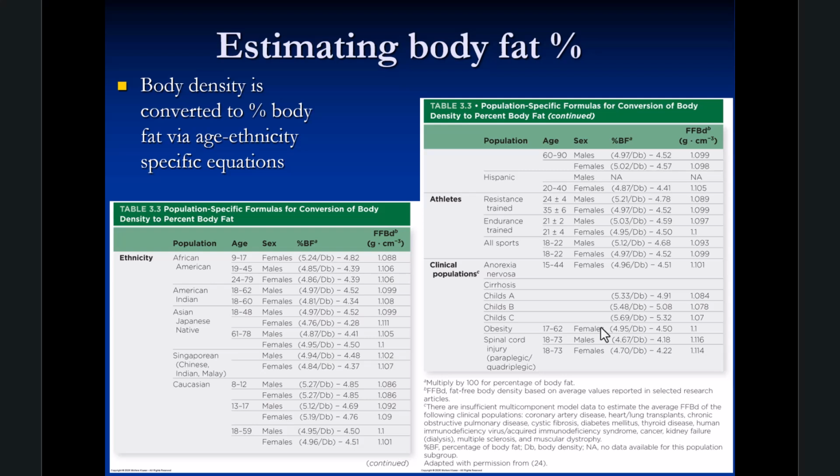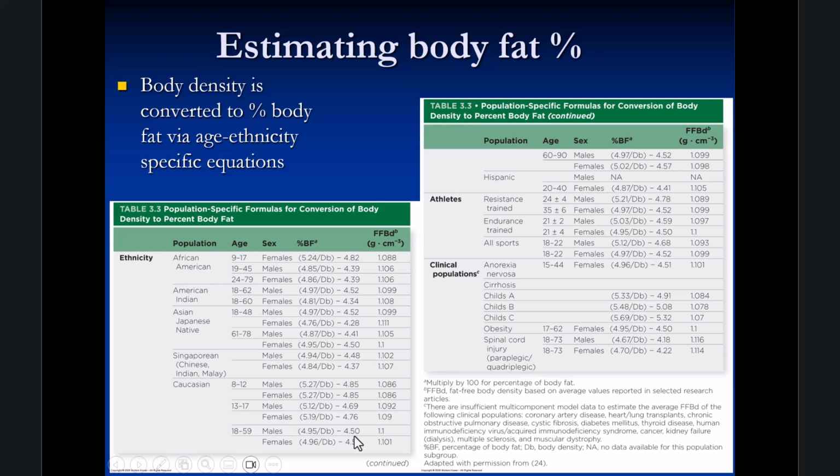As you can see here, there are equations for males, females, and also different ethnicities. The standard one that has been used in the past, if you are unsure, is commonly known as the Siri equation, and it's this one right here: 4.95 divided by body density minus 4.5.